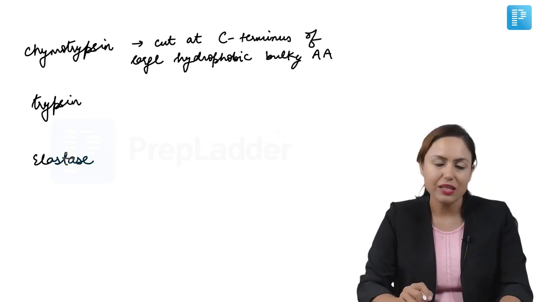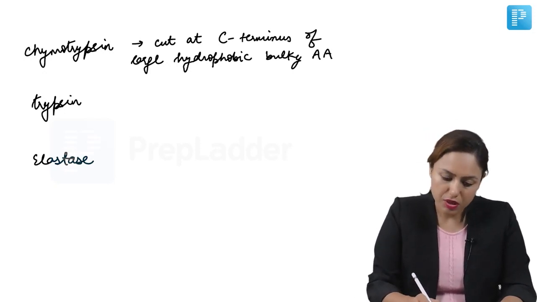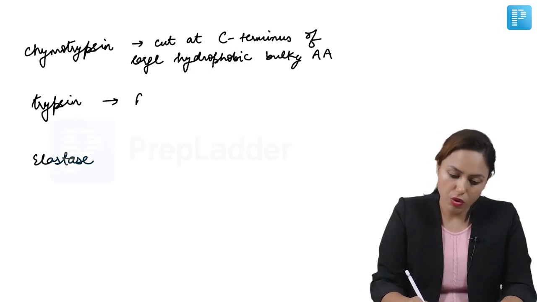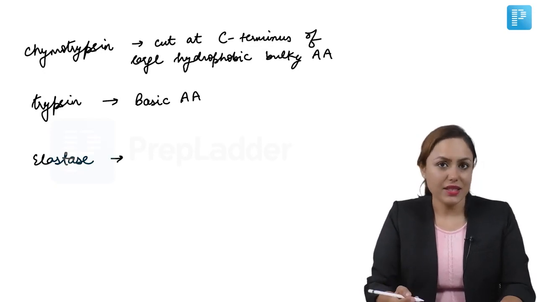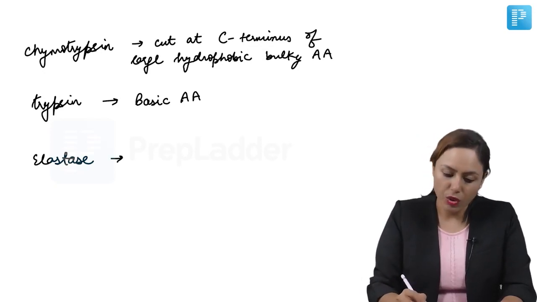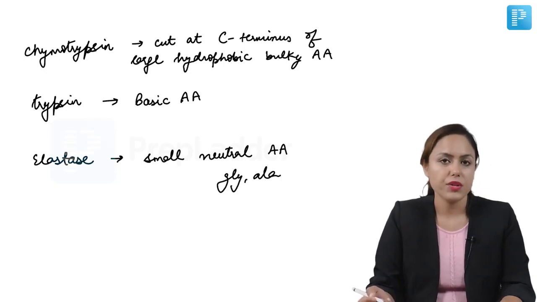Like phenylalanine, tyrosine, tryptophan, right? Then trypsin will cut at the carboxy terminus of basic amino acids like lysine, arginine. Elastase will cut at the carboxy terminus of small neutral amino acids like glycine, alanine, right?